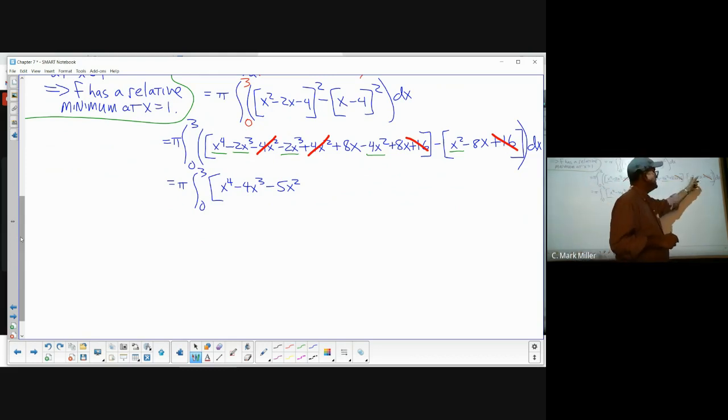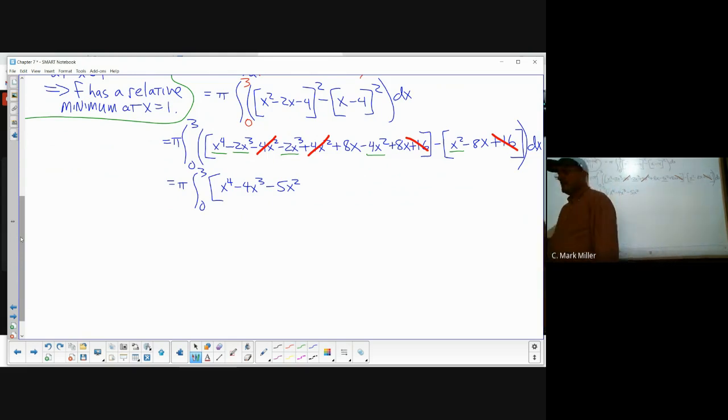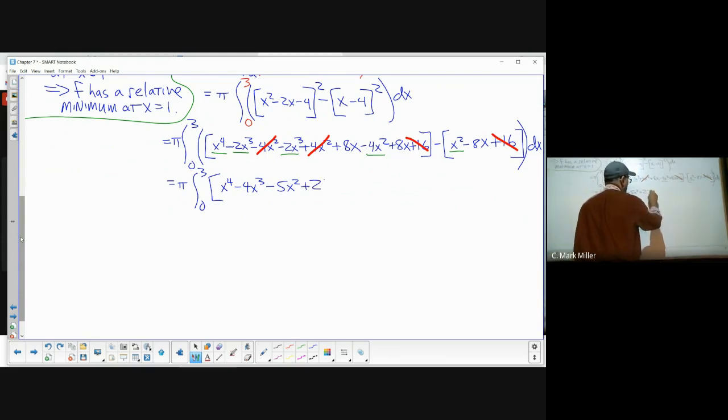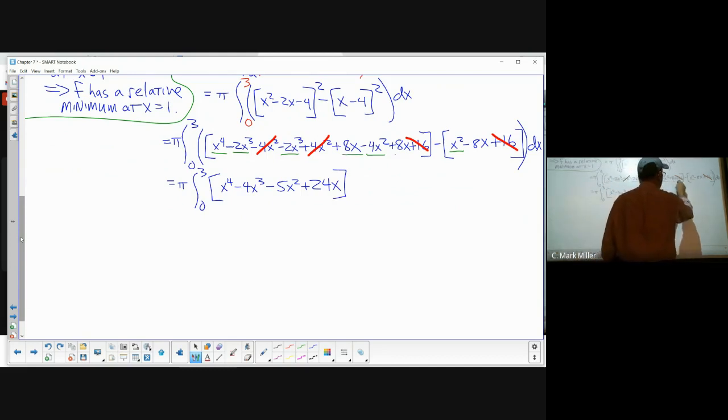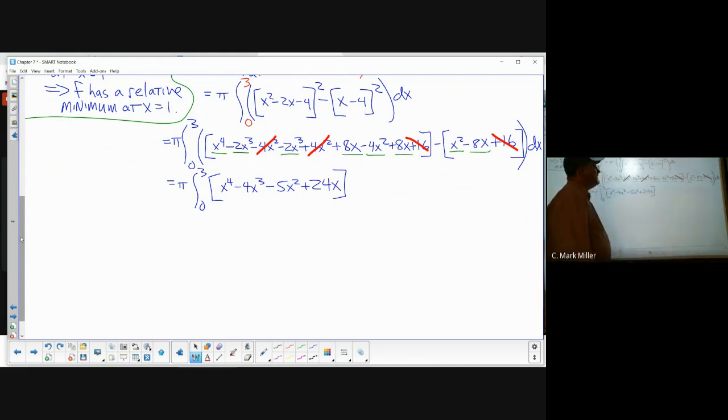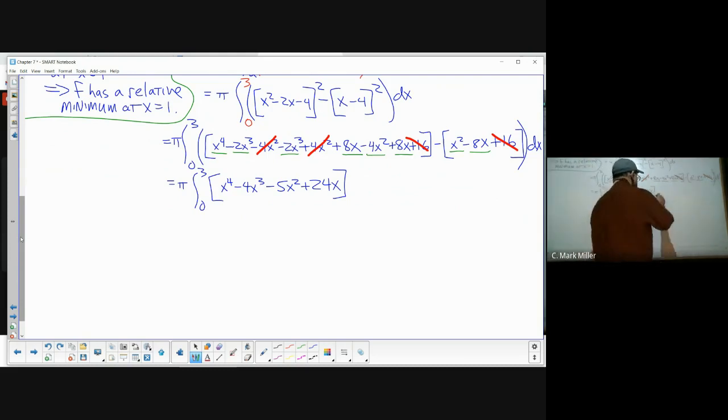And there's another plus 8x. That is 24x. Close bracket. No constants. Okay, so now I've accounted for that one, and that one. Now everything should be either underlined or crossed out. You got to include everybody here, right?